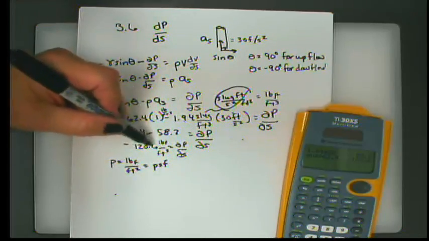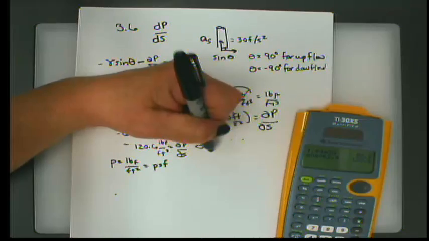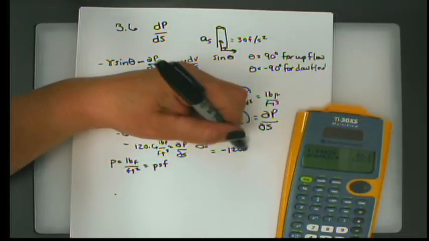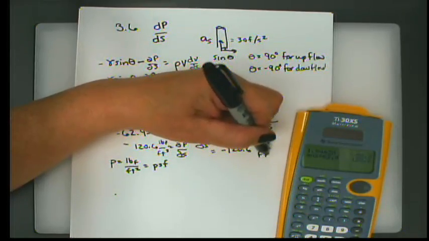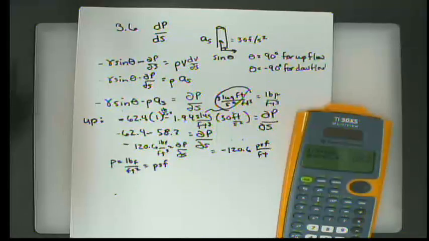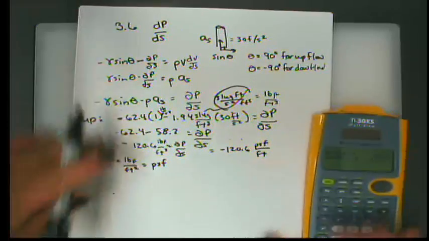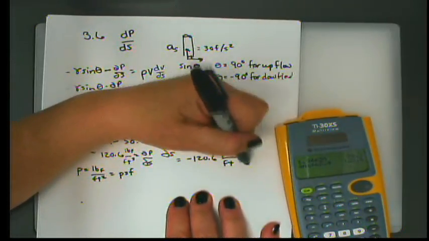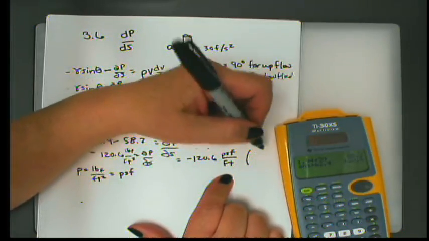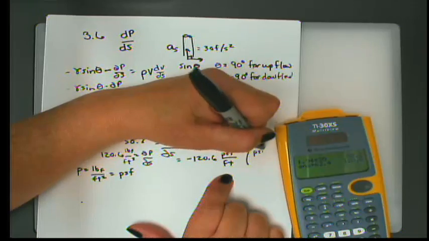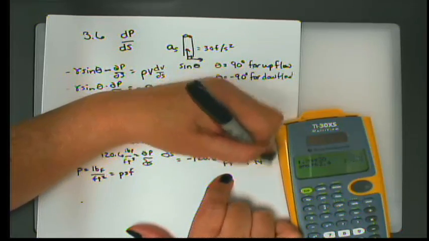Okay, so we could report this as minus 120.6 PSF per foot. And that is the correct unit for a pressure gradient. This is the correct number, and it's the correct value. The answer that your authors give, they have the correct process, the correct answer, but then they call this a PSI per foot, and that is not correct.